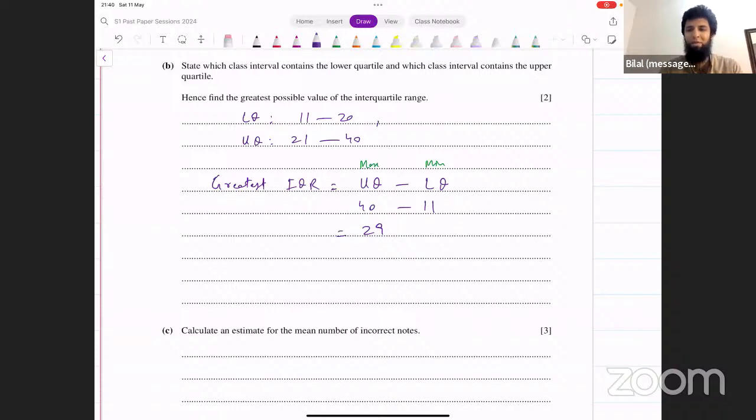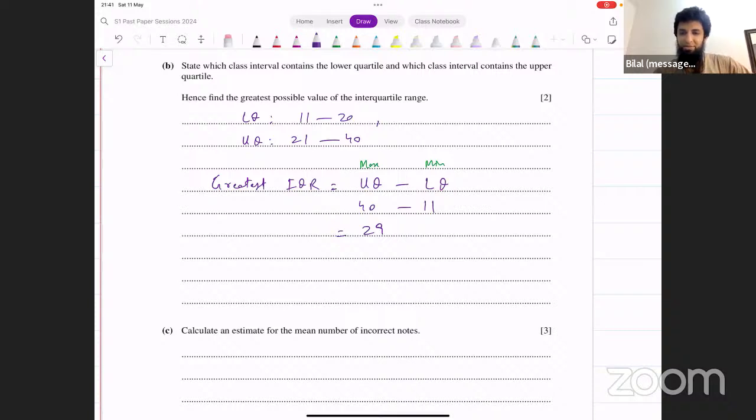You don't have to memorize that time and height are continuous. You just have to use some common sense to know that time can also be in decimals, right? 2.3 hours, 2.7 hours, 2.5 hours. Height can also be in decimals. You have to think of it logically.